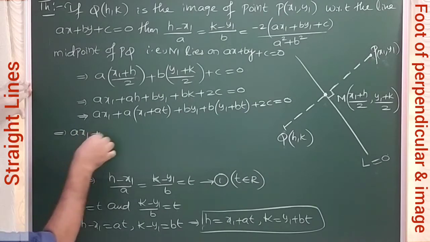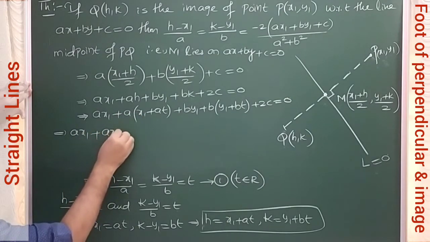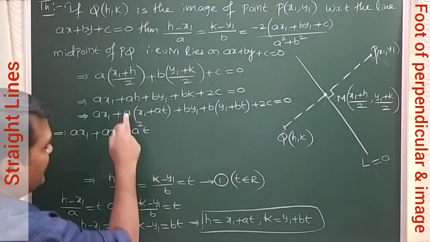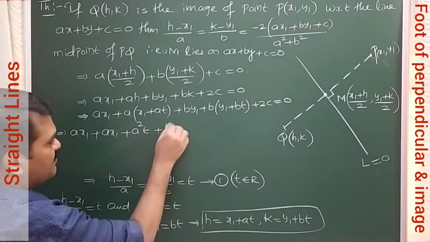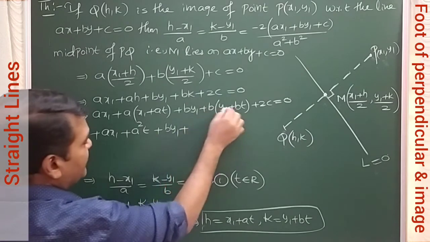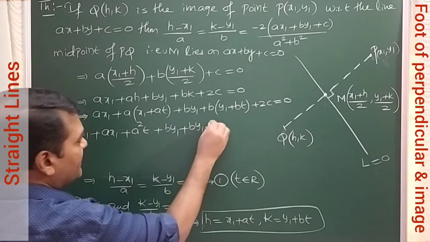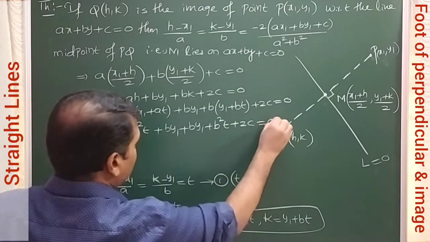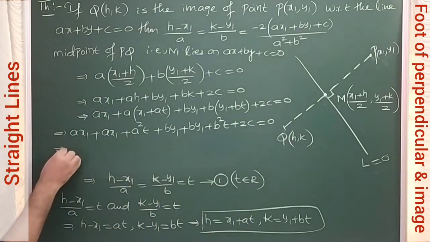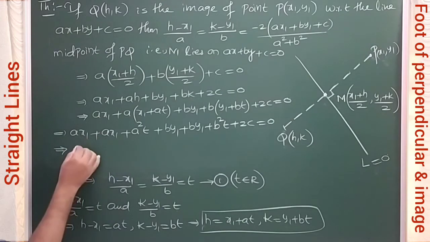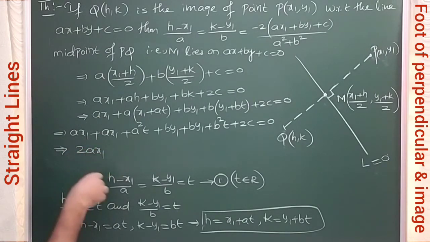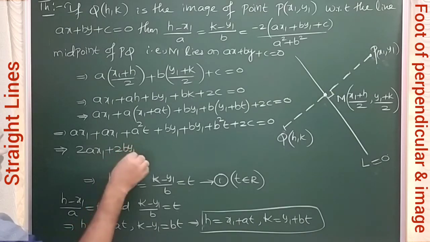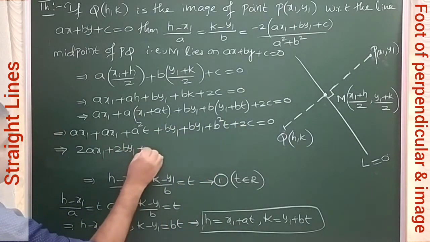So ax1 plus again ax1 plus a squared t, this I am multiplying with a here, plus by1, now multiply with b, by1 plus b squared t plus 2c is equal to 0. So ax1 twice we have, by1 also we have twice, and this 2c I am writing.